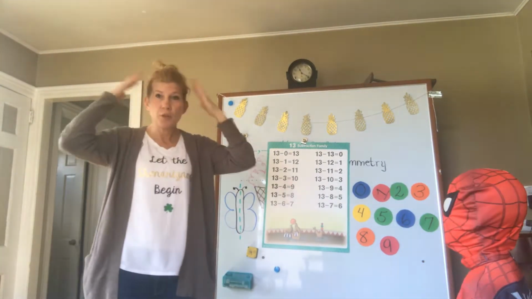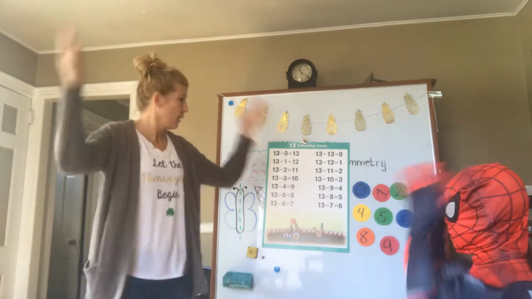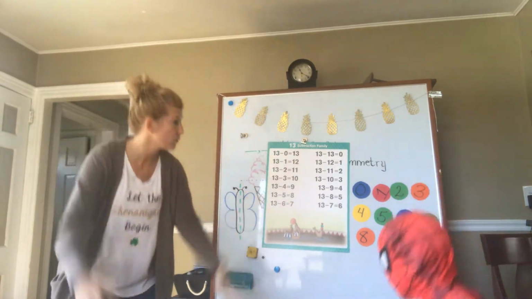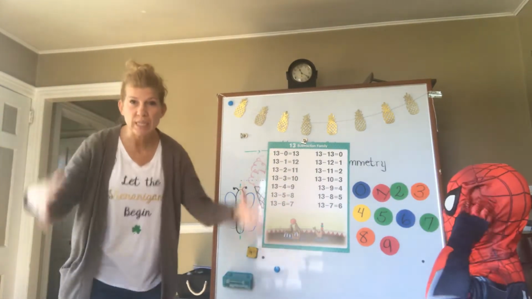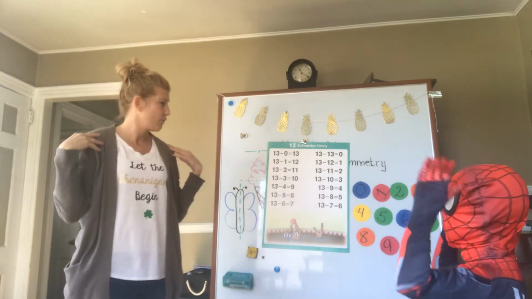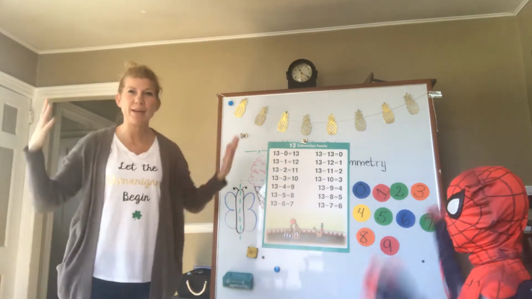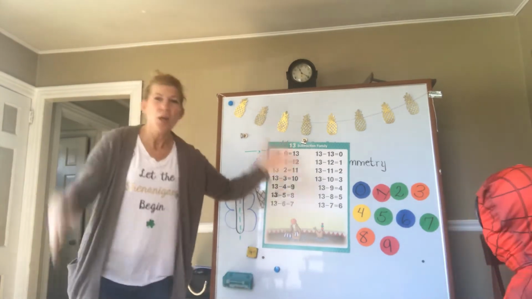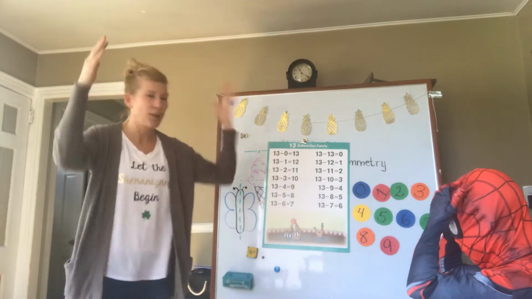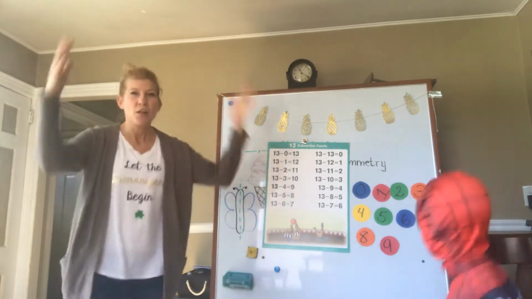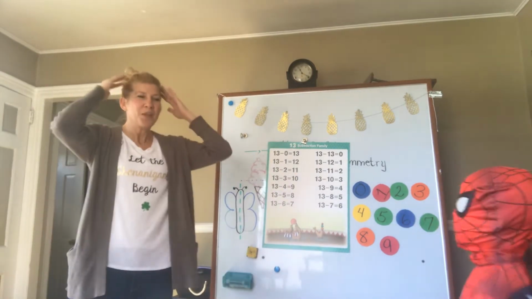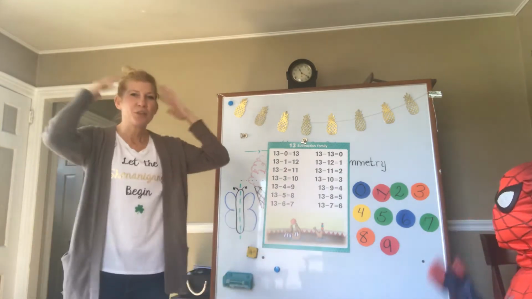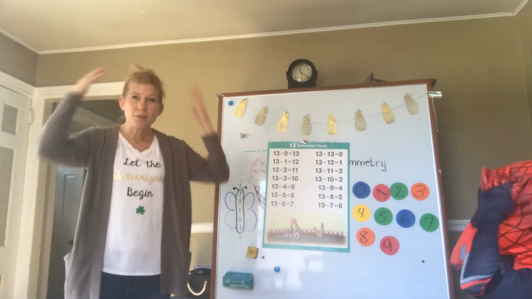It looks like this. 13 minus 0 equals 13. 13 minus 1 equals 12. 13 minus 2 equals 11. 13 minus 3 equals 10. 13 minus 4 equals 9. 13 minus 5 equals 8. 13 minus 6 equals 7. 13 minus 7 equals 6. 13 minus 8 equals 5. 13 minus 9 equals 4. 13 minus 10 equals 3. 13 minus 11 equals 2. 13 minus 12 equals 1. 13 minus 13 equals 0.